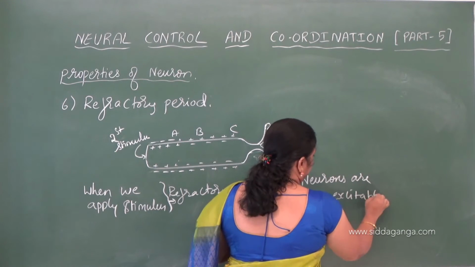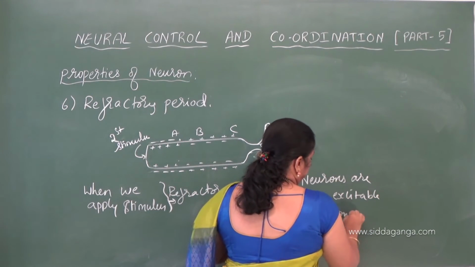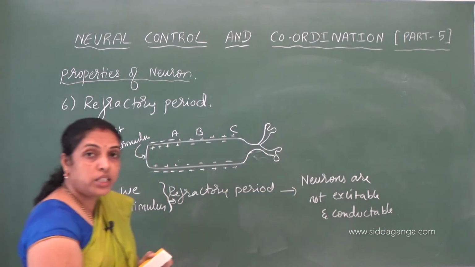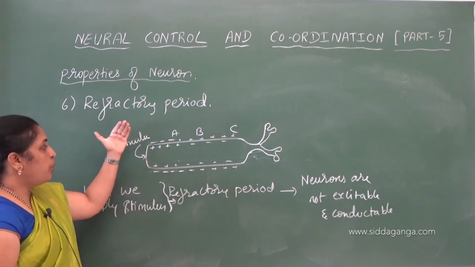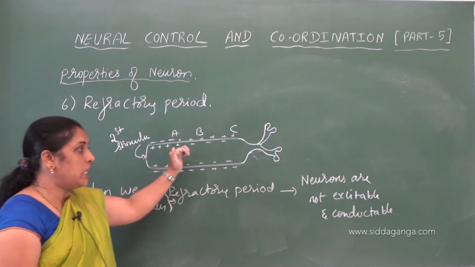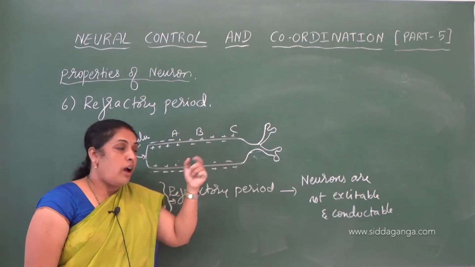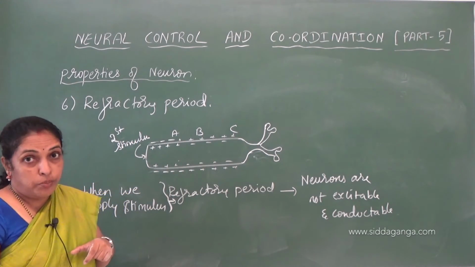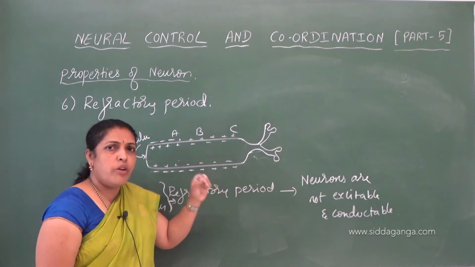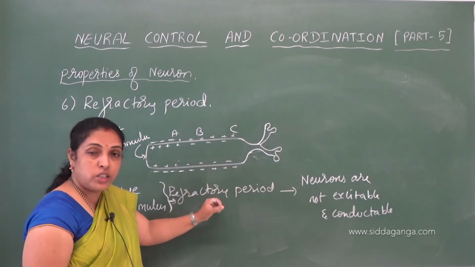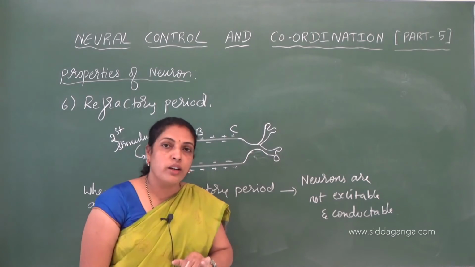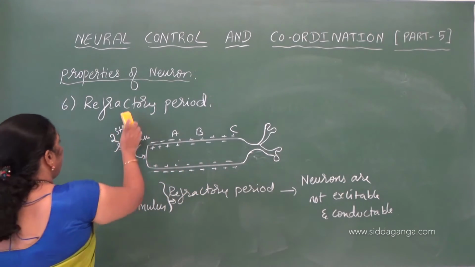So that is nothing but refractory period. When we apply stimulus for the first time, they are able to excite and conduct the impulse, but after that they go into refractory period. During refractory period, whatever the strength of the stimulus, neurons are not able to excite or conduct. That is about the refractory period.